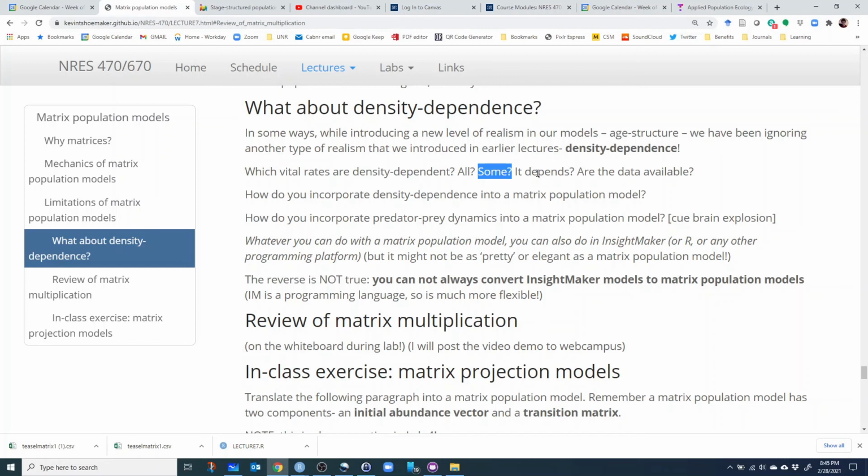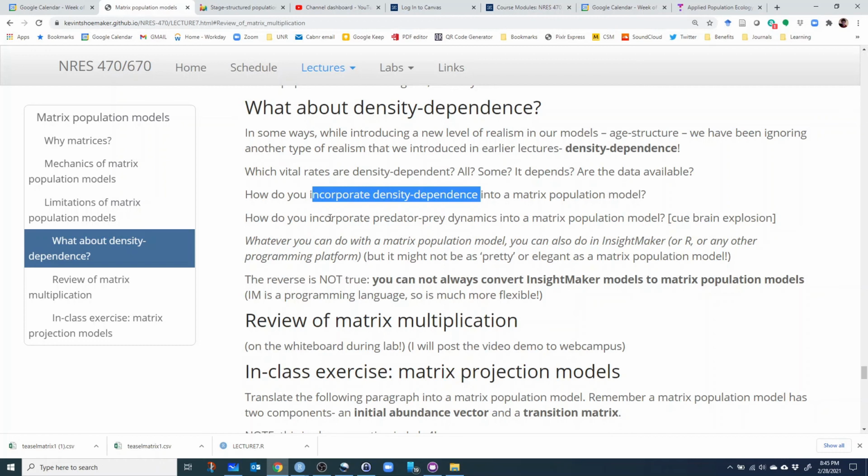So that shouldn't stop us, but it's why we stop thinking about density dependence for a little bit as we start wrapping our minds around age-structured populations and matrix populations, because it would be too much to try to introduce density dependence and age structure at the same time. So how do you incorporate density dependence in a matrix population model?